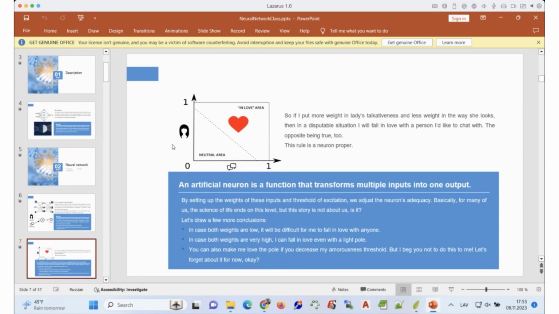Because we cannot really measure parameters in numbers accurately, and sometimes the parameter which would mean that someone is falling in love would be correct for one and wouldn't be correct for others. That's about the parameters themselves.